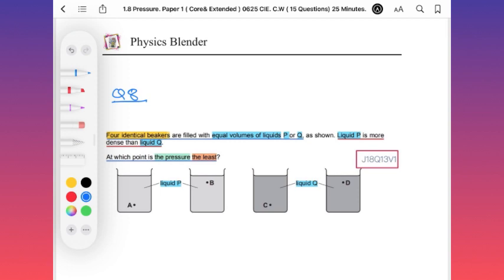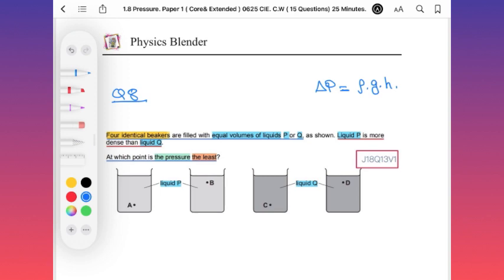Density of liquid, depth of liquid. Okay? For extended candidates, you know that pressure difference can be calculated using equation rho g h. For extended candidates. Okay.